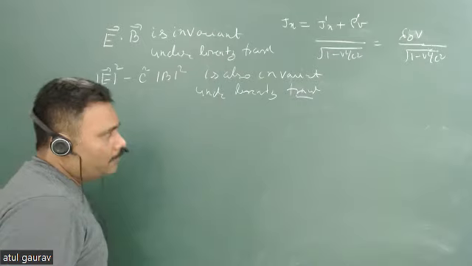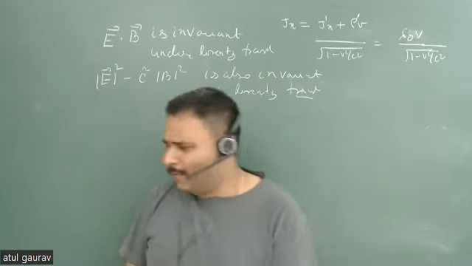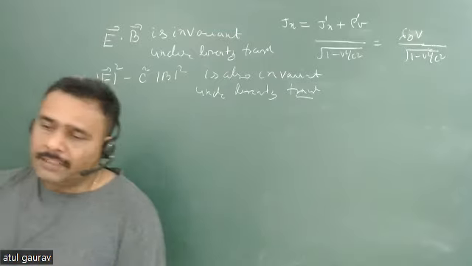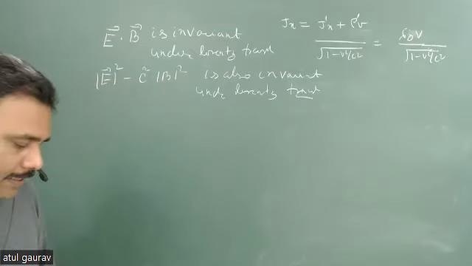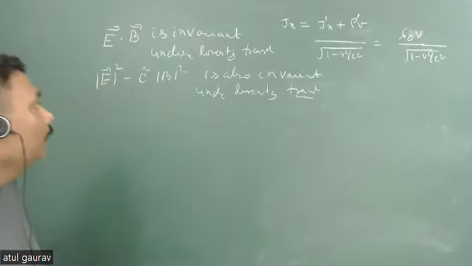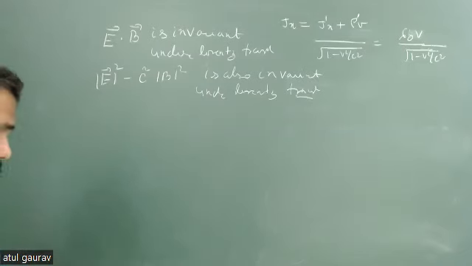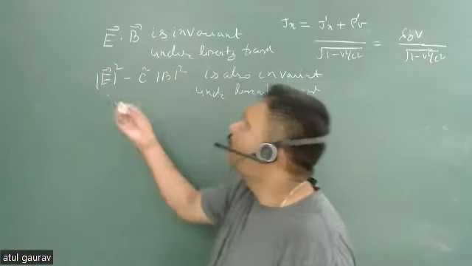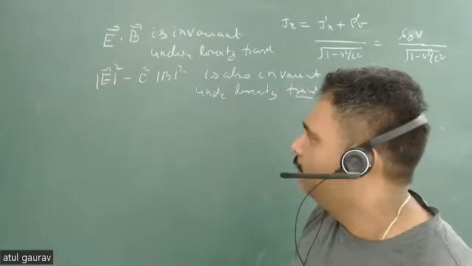So you have these two pieces of information and you can prove them also, but I am not going into this particular derivation. I am just using them as facts. If you have this electric field and magnetic field, and c is nothing but the speed of light, then this quantity is also Lorentz invariant.